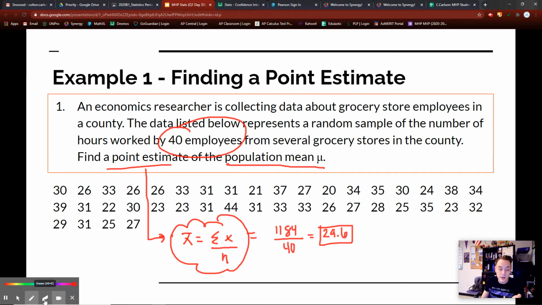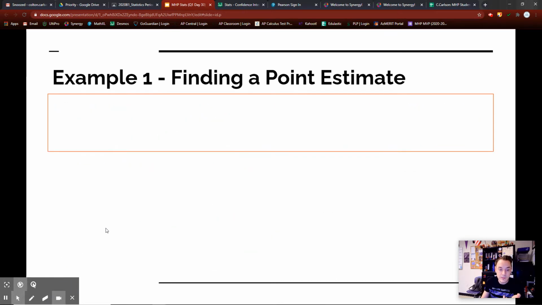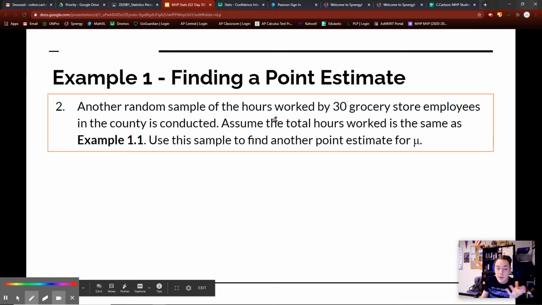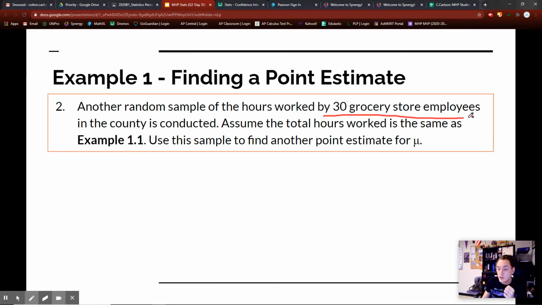All right. Let's go through another example. Another random sample of hours worked by 30 grocery store employees in the county is conducted. Assume that the total hours worked is the same as example 1.1. So, what was the total number of hours worked in example 1.1? Well, that was 1,184. But now I'm going to change my n value to be 30.